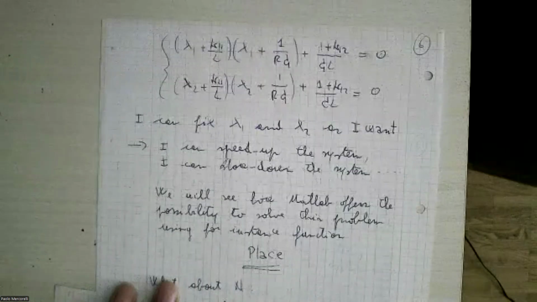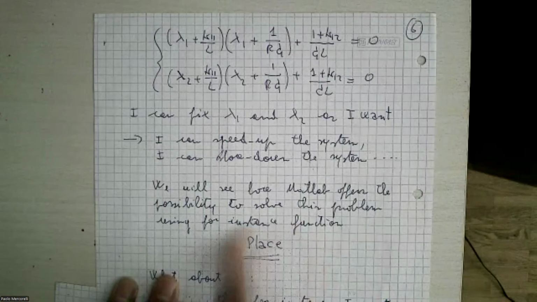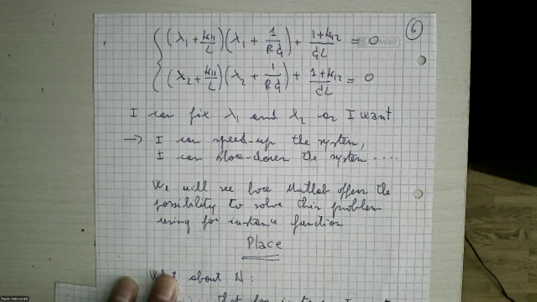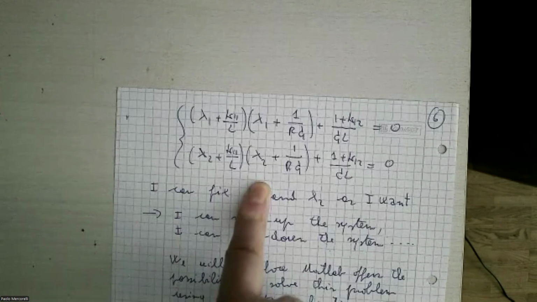What does place do? Place is a function with 3 arguments. Why that?